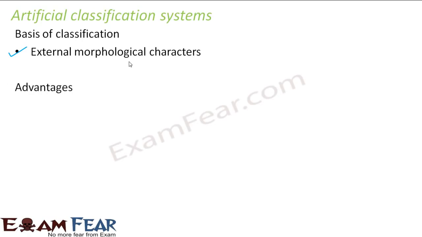Now let us look at the advantages of the artificial system. It is very obvious that closely related species could be classified, because based on these external features you can at least make a difference between two different organisms, as their external appearances are quite different. If we take an example of plants, consider a lotus plant and a cactus.